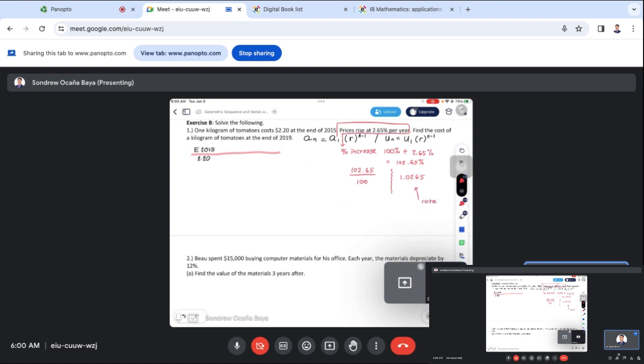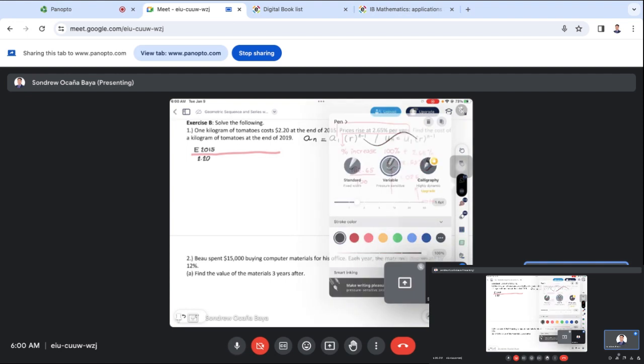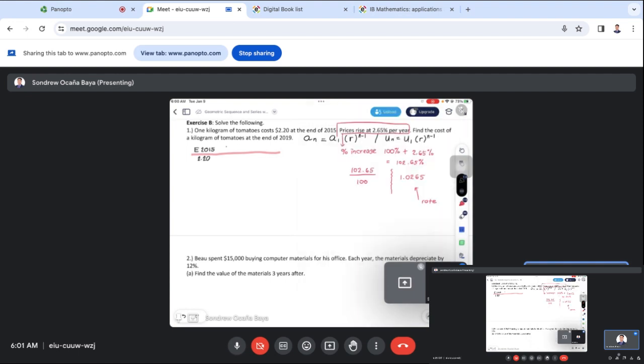All right. When we say that that is our rate, that means at the end of 2016, to get the new amount, we have to multiply 2.20 by 1.0265, and so on and so forth.